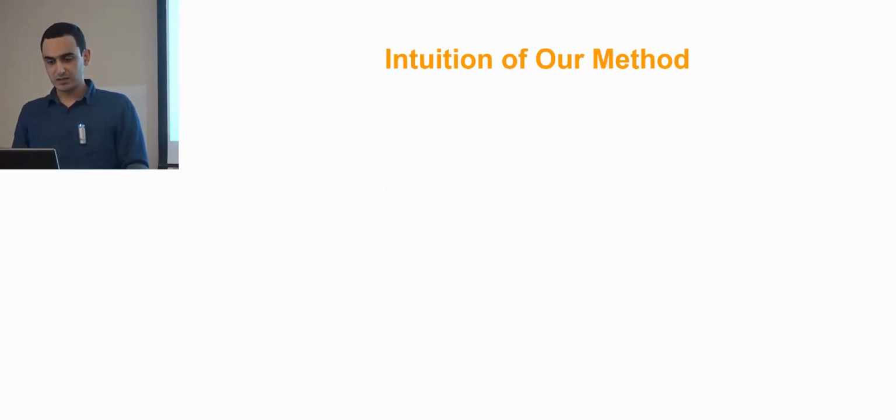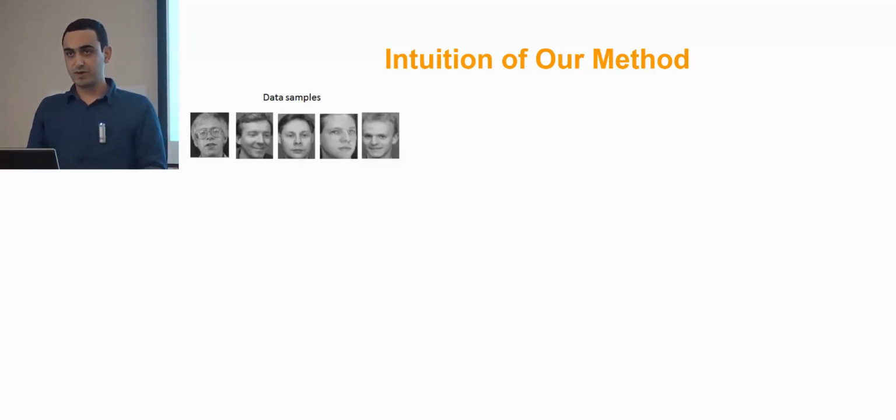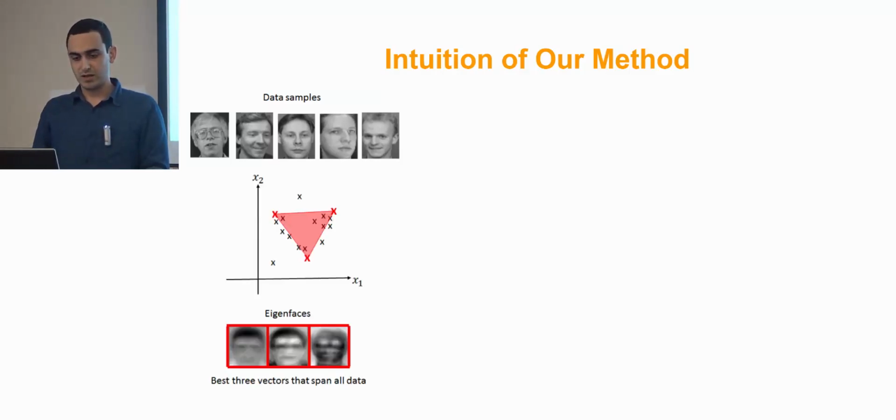So let's start with the intuition behind our method. Let's say we have a data set of faces, and you want to select the best 3 vectors that can span all the data points, meaning that you can represent all the data points as a linear combination of just 3 vectors. And it is known that eigenfaces actually do that.